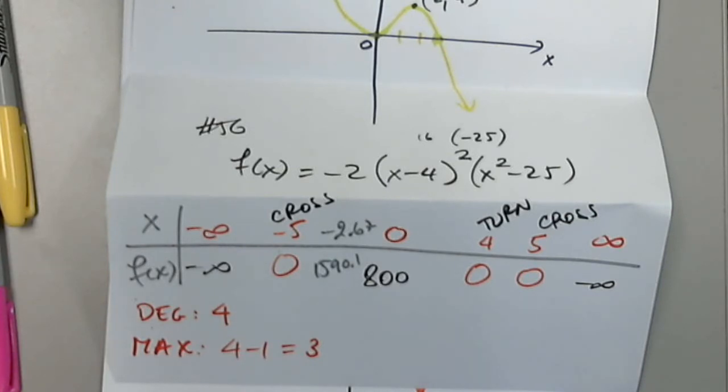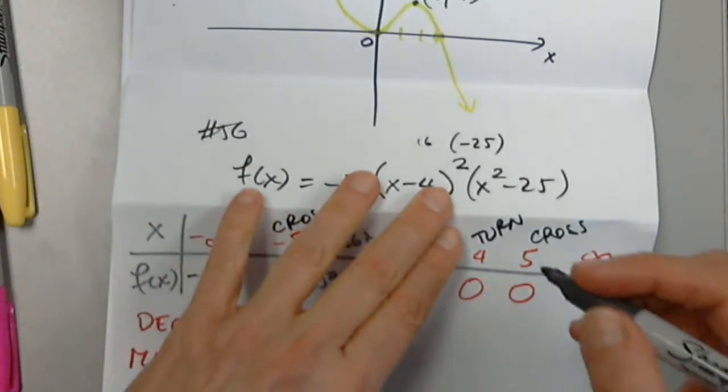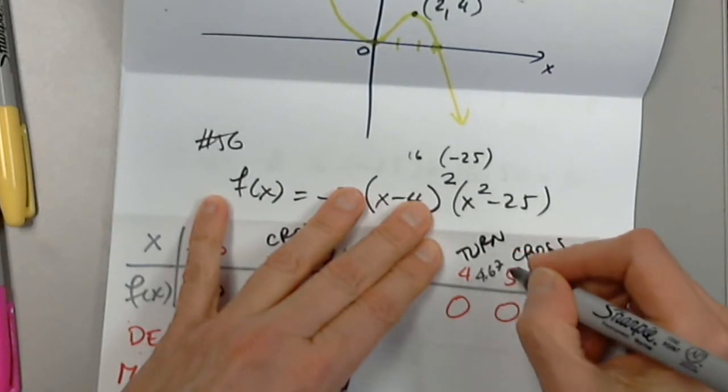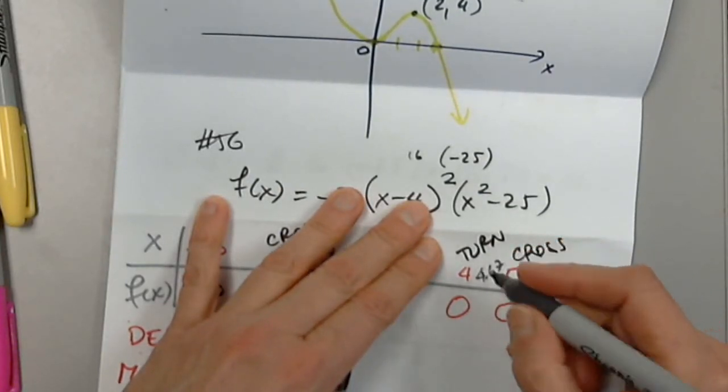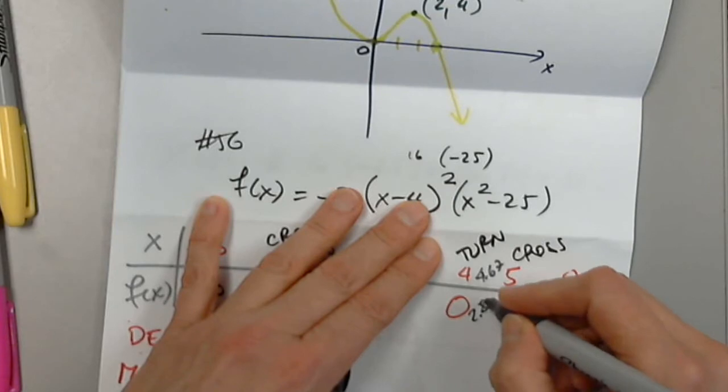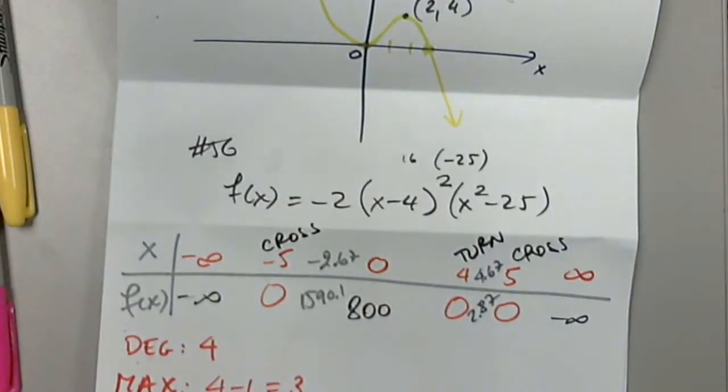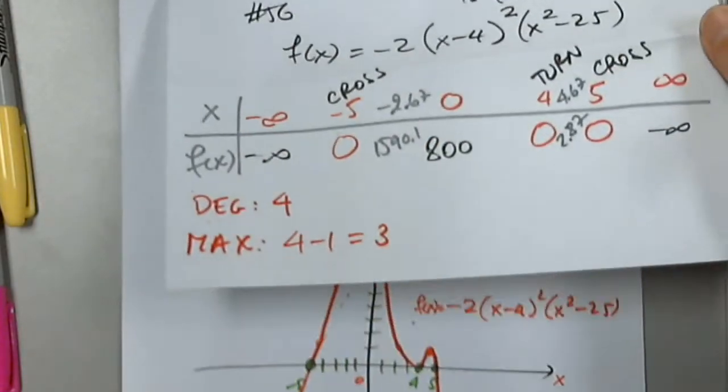So now I can determine this little maximum. It's between 4 and 5. So second and calc, maximum is 4. Between 4 and 5, I don't want to guess. 4.67, and the maximum is 2.87. And now I really know everything about this function.